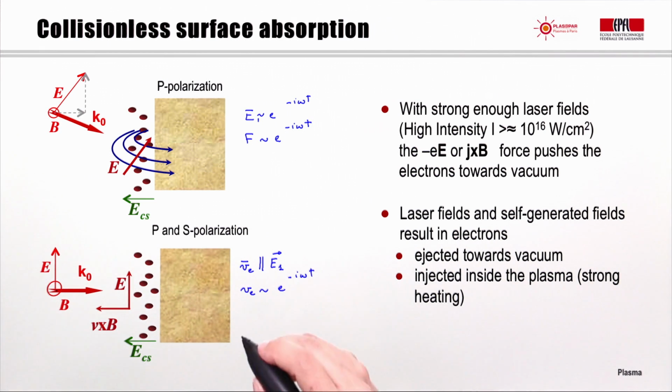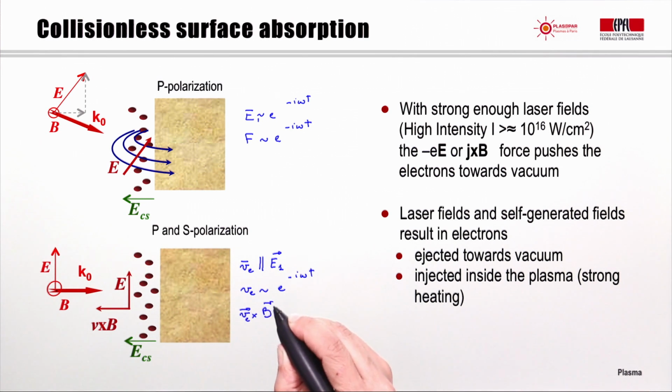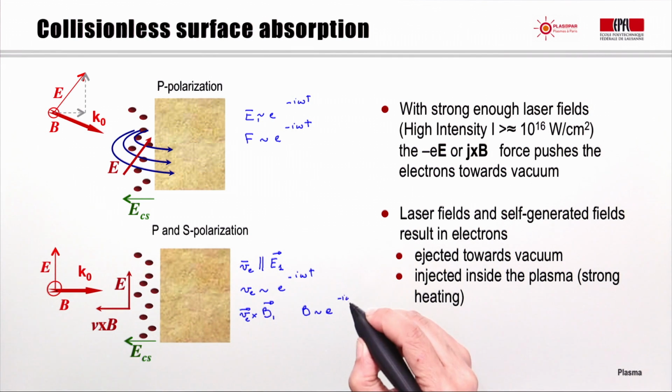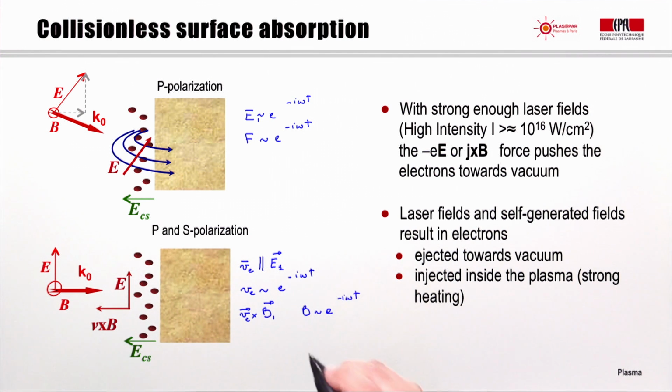And then they feel a force that is perpendicular to the surface, that is given by the V cross B product, the Lorentz force. Since B also oscillates at frequency omega of the laser, this means that the force will be oscillating at twice this value.